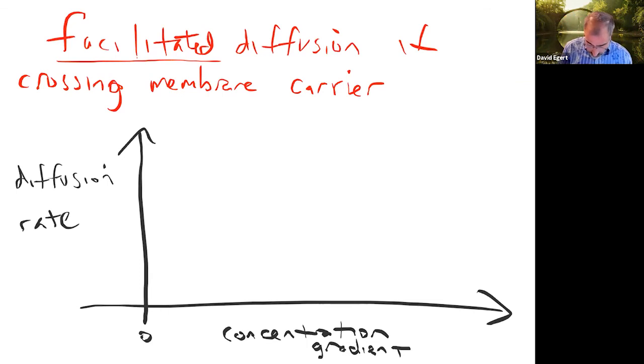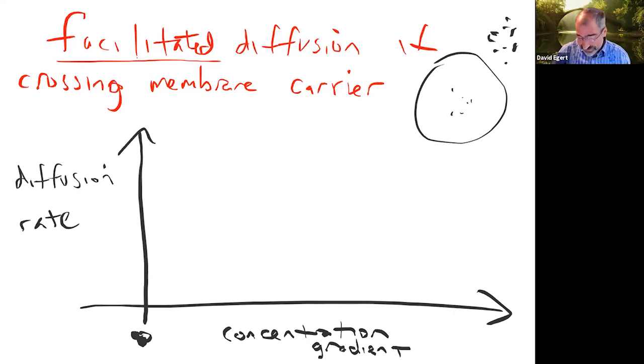Right, if I'm looking at here's my cell, I have a certain amount of stuff inside and a certain amount of stuff outside. If there's a balance, the same amount, there's no concentration gradient; the gradient is the difference. If there's no difference, there's not going to be any movement across the cell membrane.